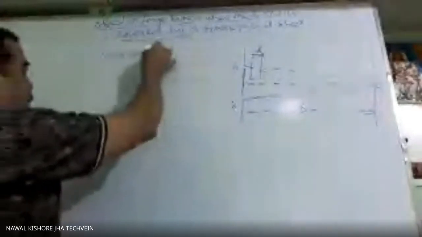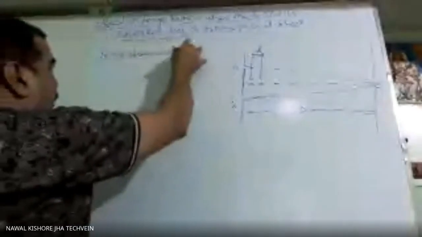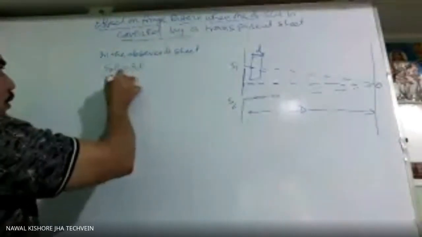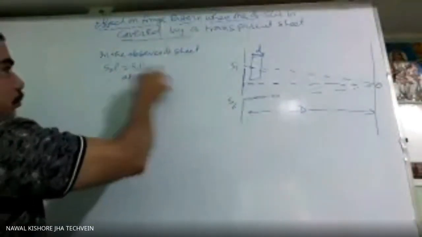Path difference was equal, so phase difference is zero. In the absence of the sheet, S2P was equal to S1P. So at O we are getting the central bright.